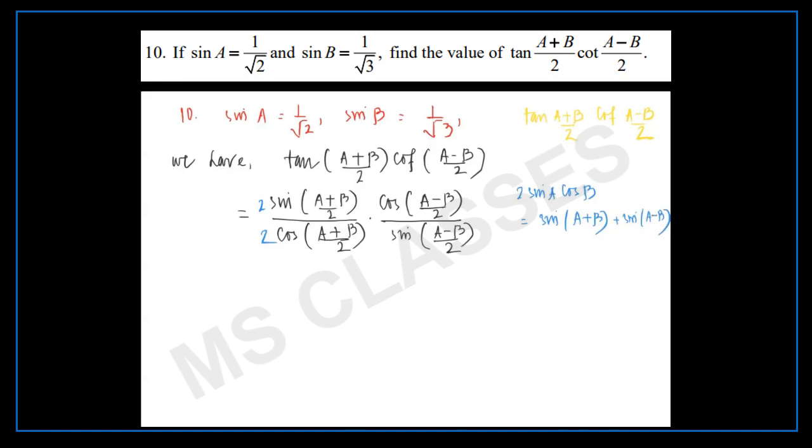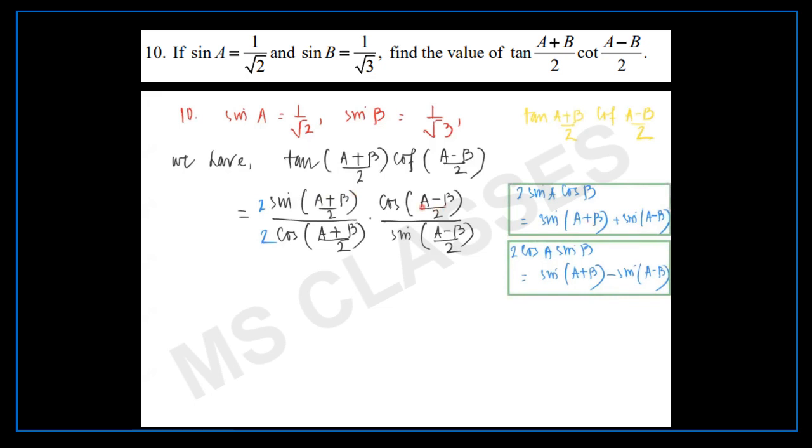And when we have the form 2 cos A sin B, this is sin(A+B) minus sin(A-B). So we have 2 sin A cos B, which is sin(A+B) plus sin(A-B), and 2 cos A sin B, which is sin(A+B) minus sin(A-B). These formulas we are going to apply because we have exactly these formats.